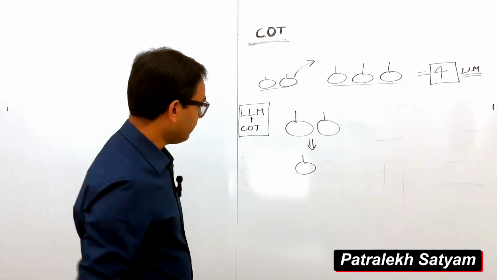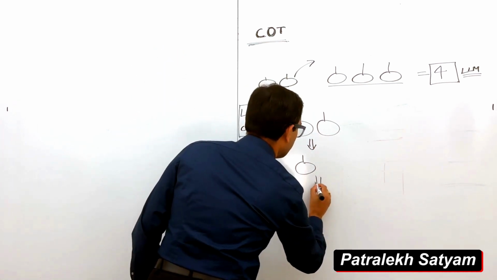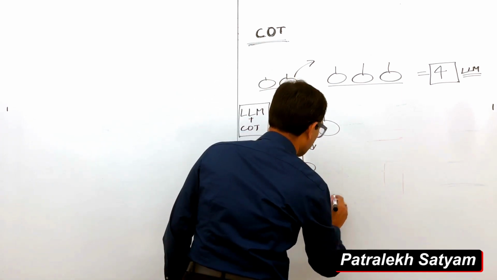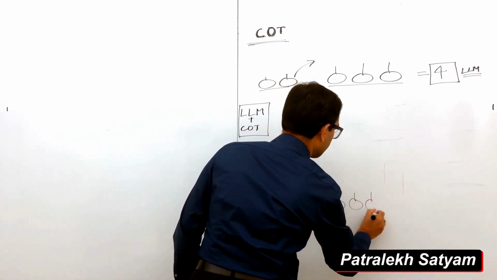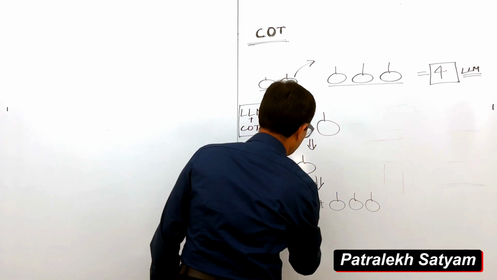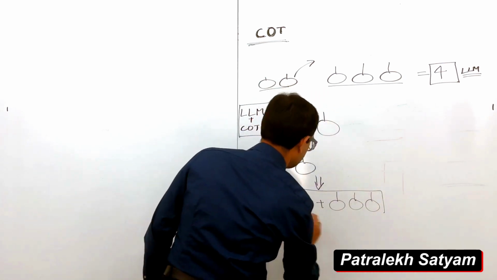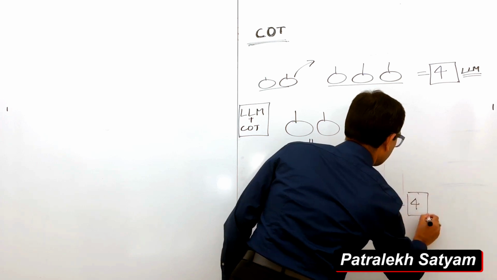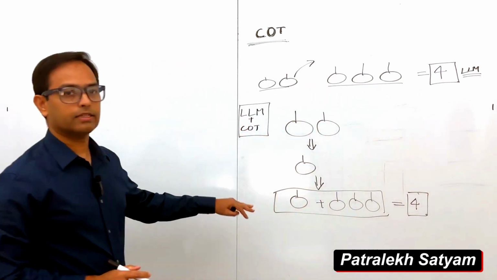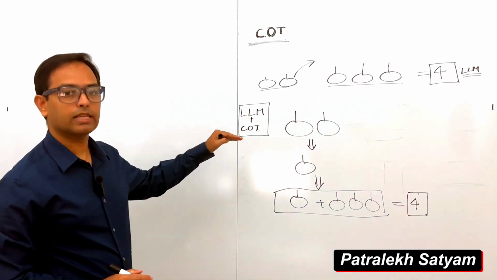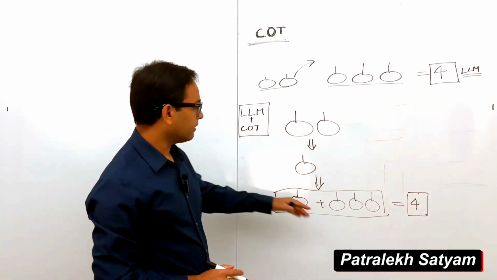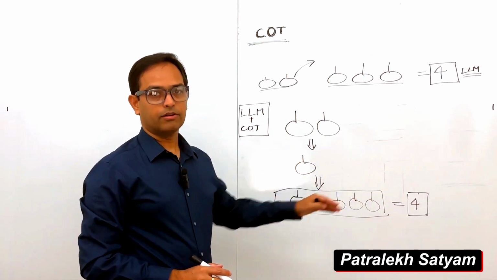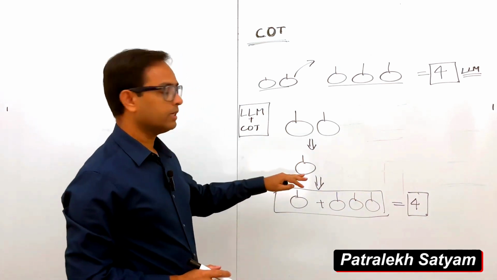Now in step 3, you had this 1 apple and then you got 3 more apples. And now when I add all these things, it becomes 4 apples. So CoT will do this. It will go step by step. It will explain what is happening at each step, why it gave you this answer, and how it arrived at that conclusion or result. So this is what chain of thought is.